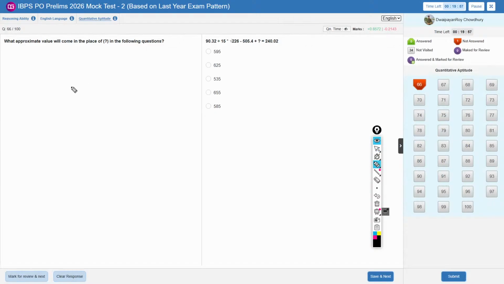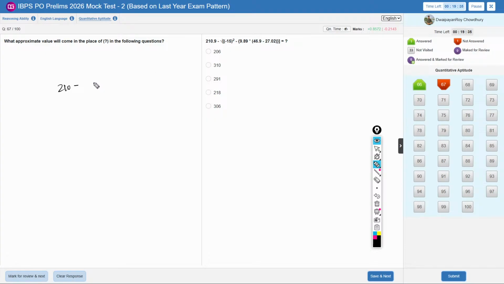Okay, so speed method first. 6 times 15 minus 505 minus 240. So 90. 150. 655. 210 minus.